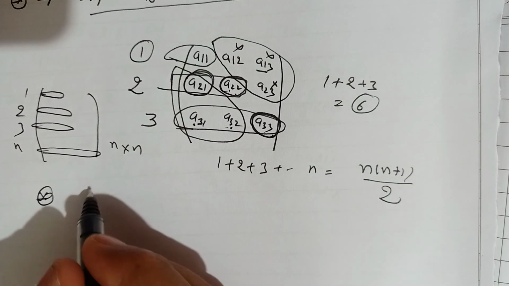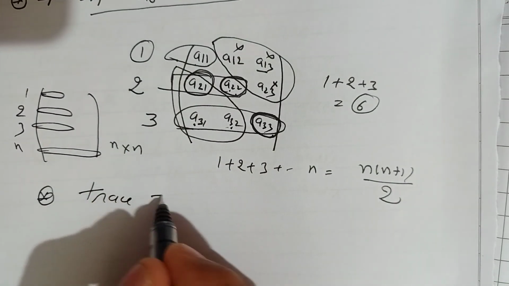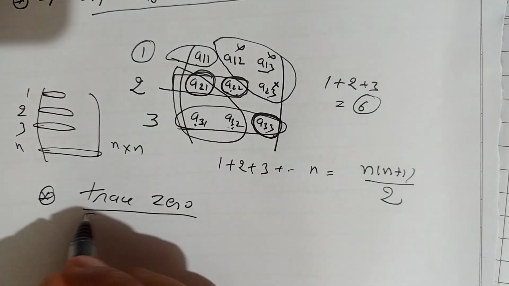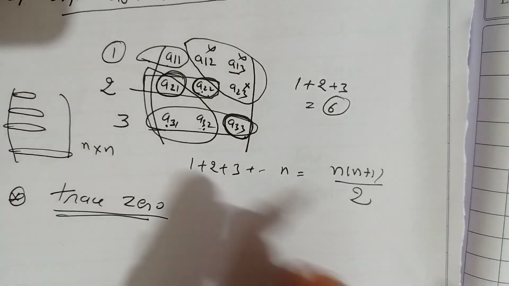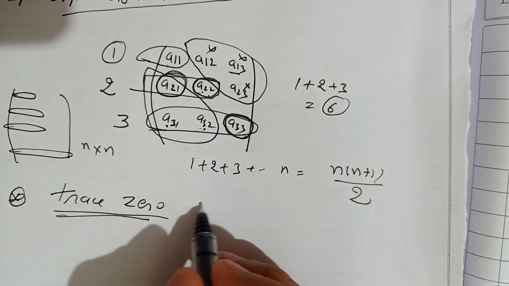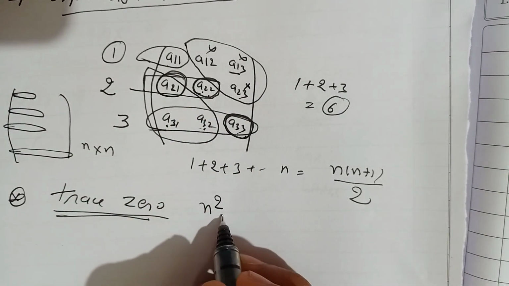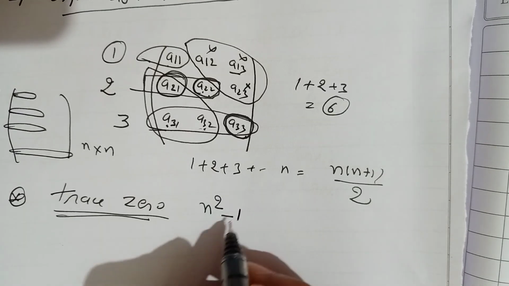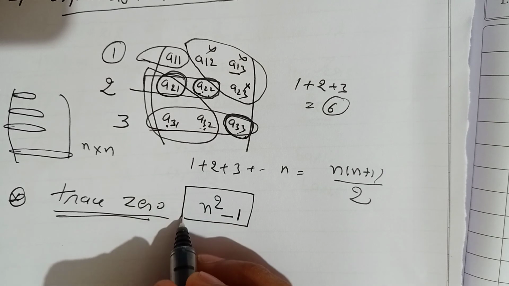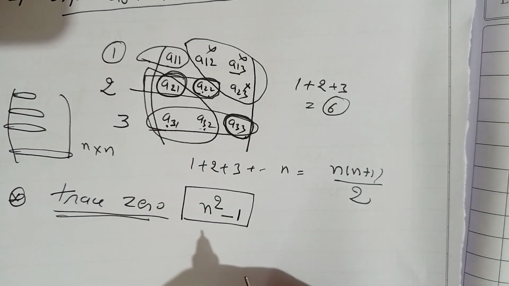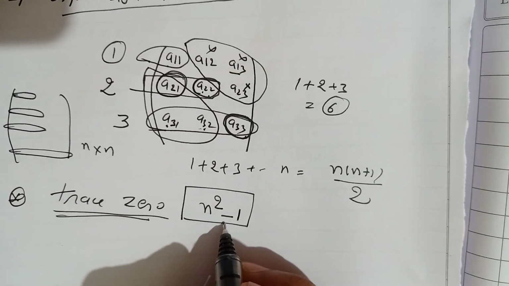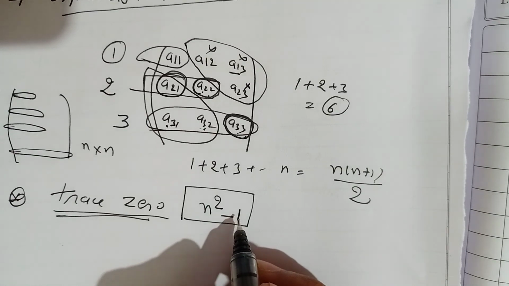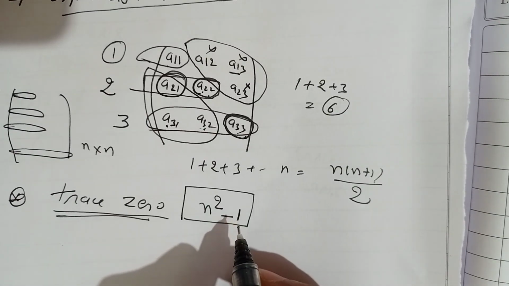So for trace 0, the total number of elements is n square, and 1 is a dependent element, so this will be removed, because the number of independent or free variables is the dimension, right? So we have to remove the last element, so n square minus 1. Fine.